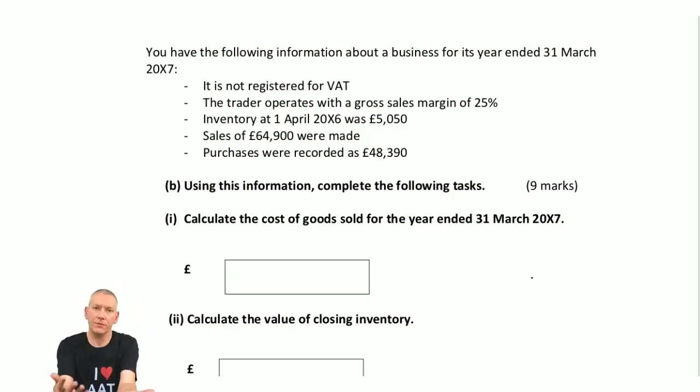Now, this is not visible to you. You just see a sales price of £1, you owe me £1, you pay me £1. But when I take that pound from you, essentially what I do is I pay 75 pence to my suppliers and I keep the other 25 pence for myself. That's the idea of gross profit margin, gross sales margin.